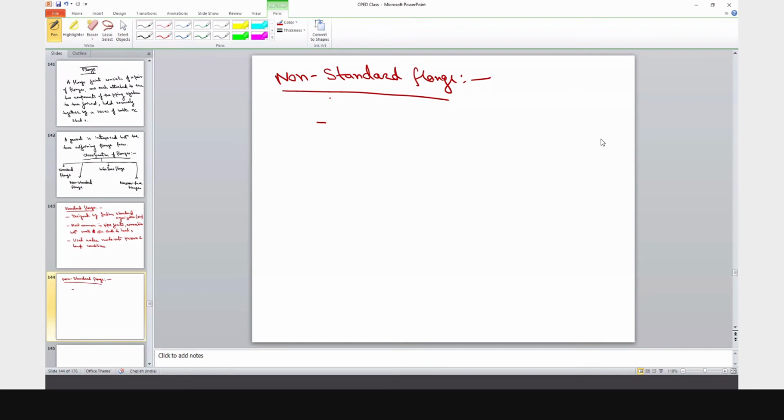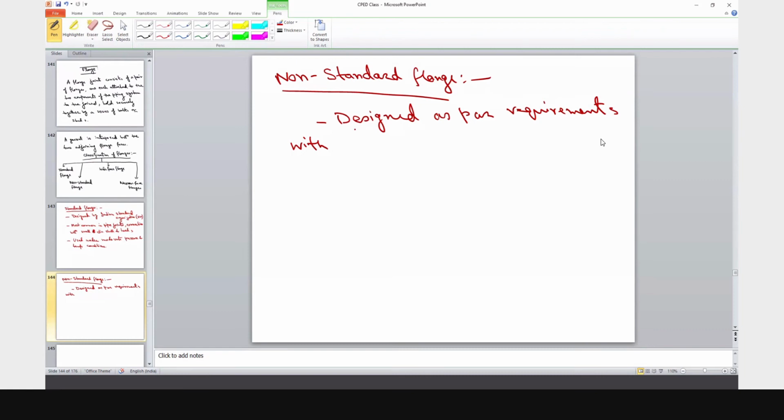For special cases, it is designed as per requirement with specific material. Suppose you want to make it of brass or copper or stainless steel.